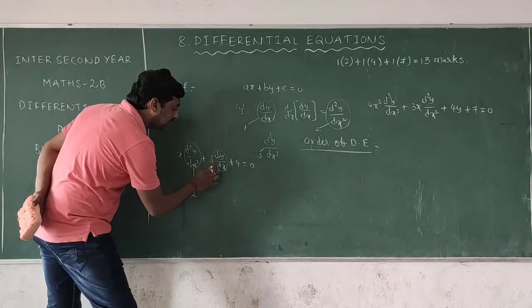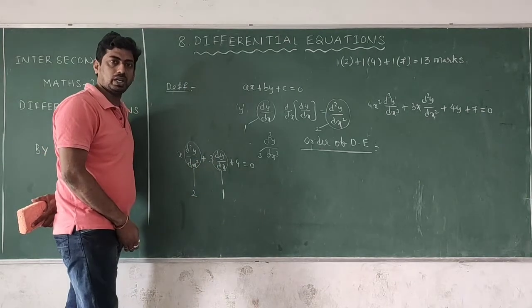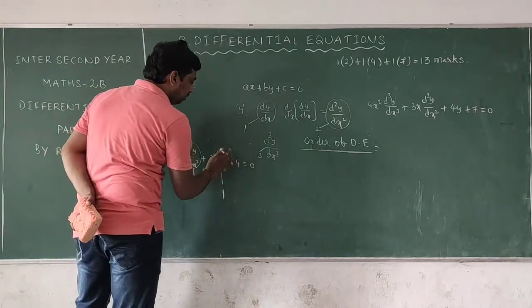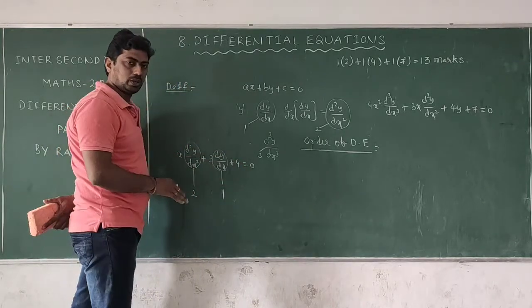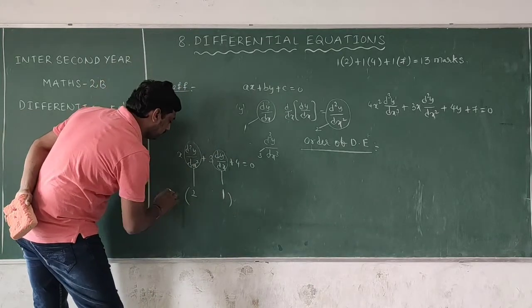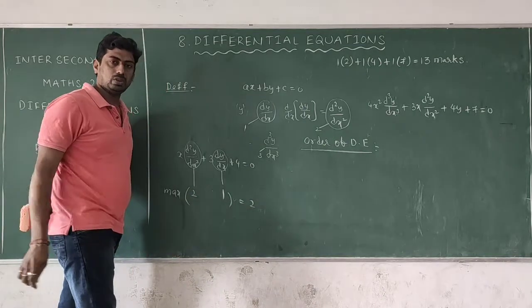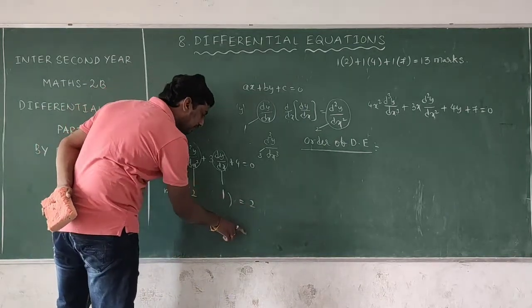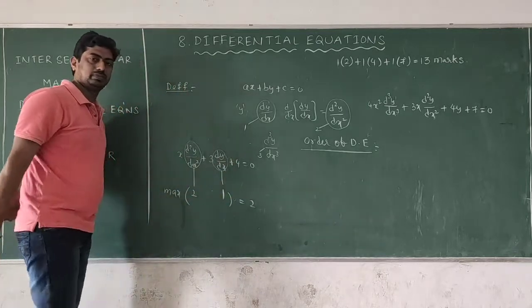What is the order of this derivative term? 1. The constant has no derivative term, so 0; no need to write this. So in these two, what is the maximum? 2. So the order of this differential equation is 2.